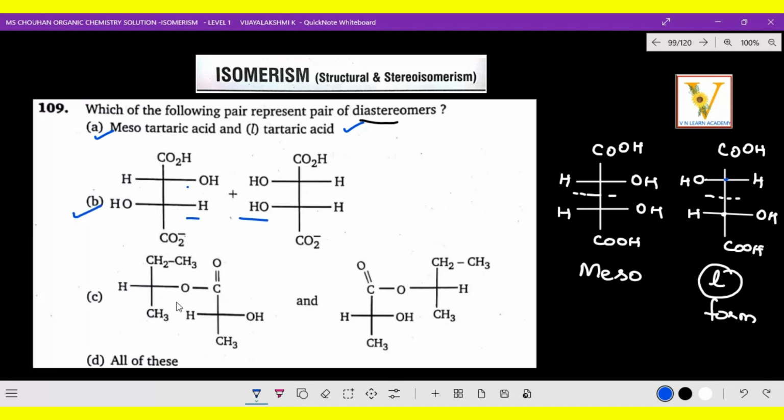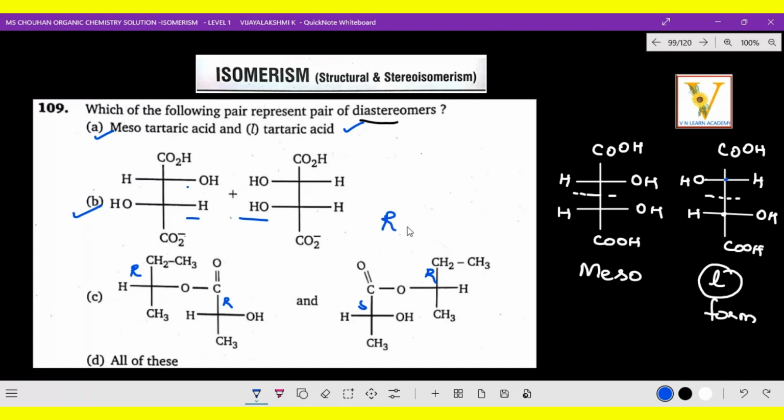And the third one, see, they have broken it over here, COOH. In that way they have formed it, with the fourth priority on horizontal here and the fourth priority on vertical there. If you observe, you will find R configuration here, whereas here you will get RS configuration.